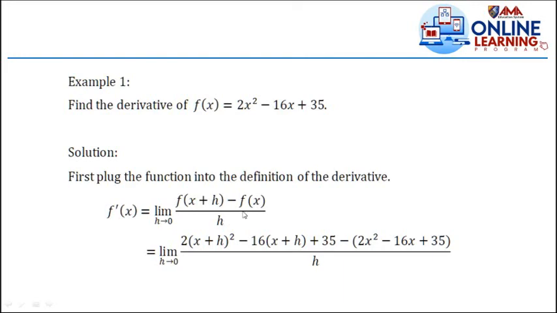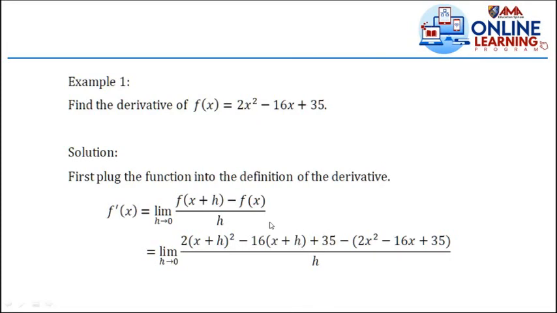Okay? So again, we're going to replace your x by x plus h. So x squared becomes x plus h, squared. And then minus 16x. We replace your x by x plus h again, so minus 16 times x plus h, and then plus 35.